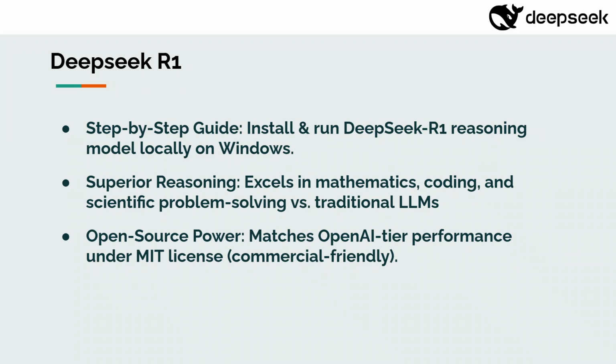DeepSeek has superior reasoning in mathematics, coding, and scientific problem solving, and traditional LLM tasks too. That's what makes the difference between the existing AI models and what DeepSeek is today. On the open source side, DeepSeek is commercial friendly and has the MIT license. That is the important part here. DeepSeek is open source, so you can use and reuse it based on your use cases.